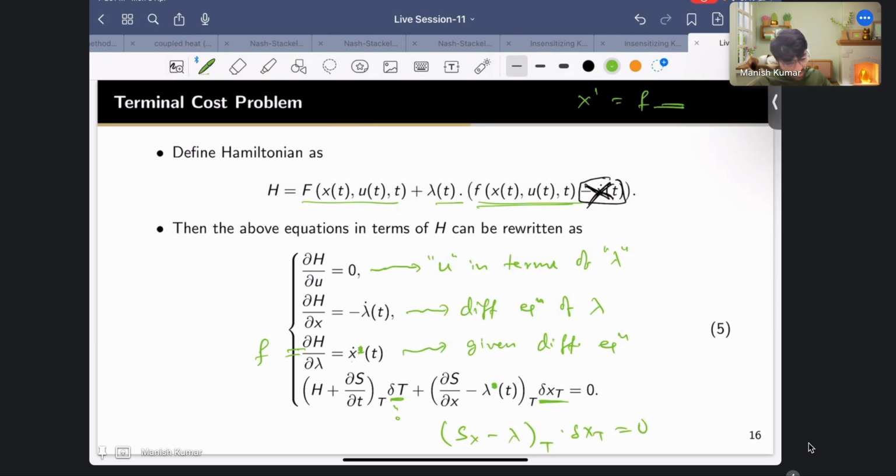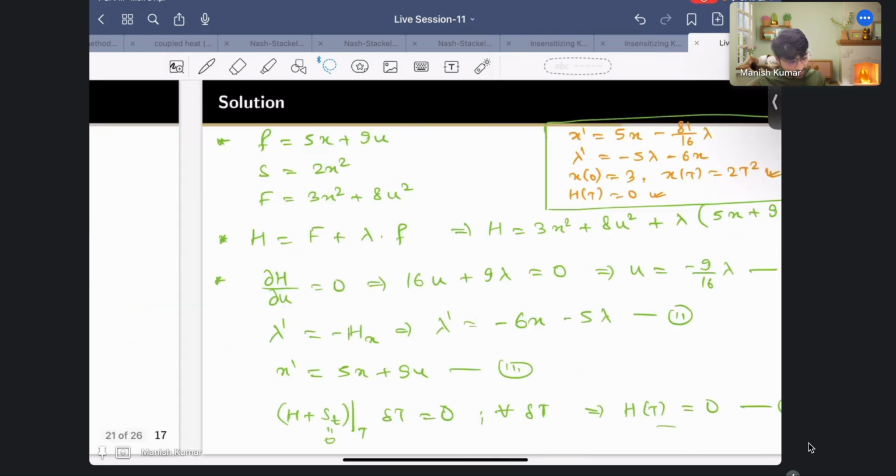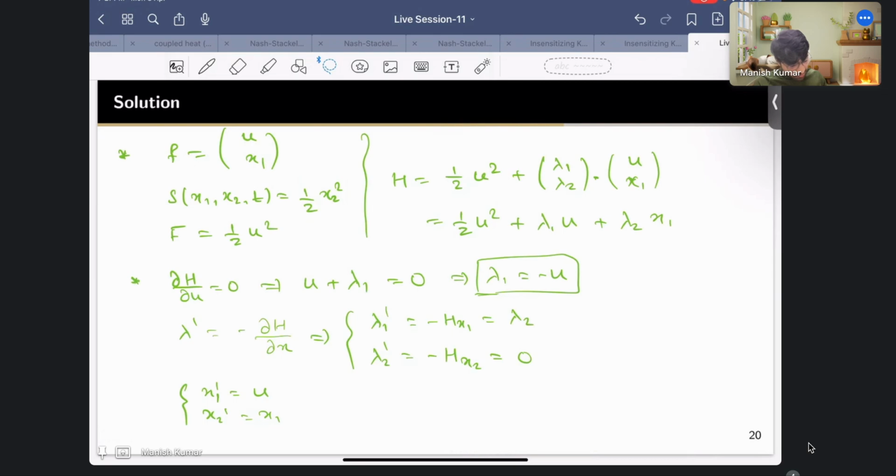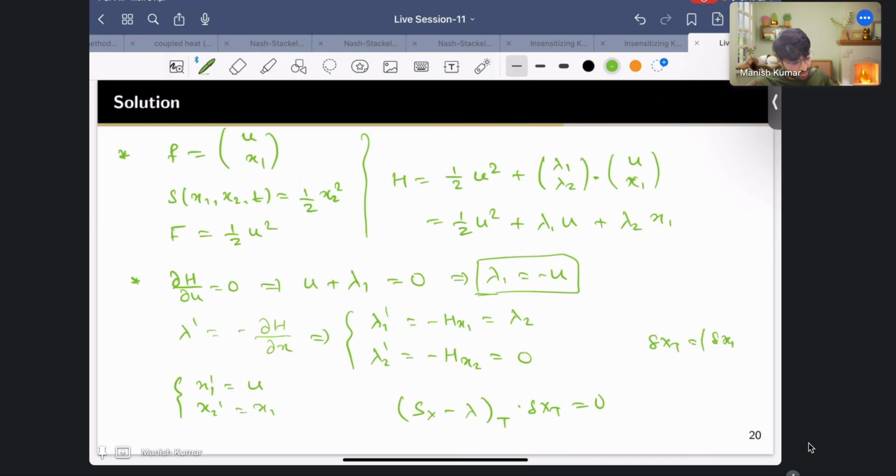In our case we have two components, right? So let me explain it first. Del x(T) is also del x1(T) and del x2(T), the change in the terminal data, two of them.